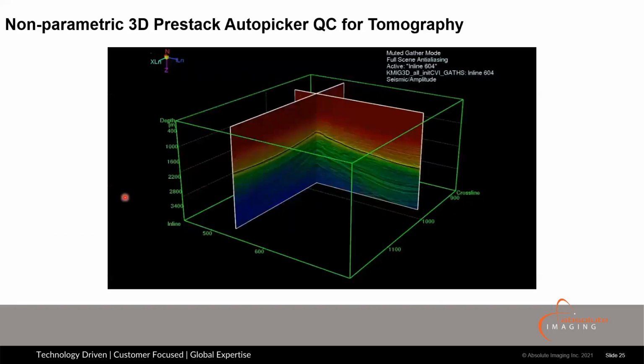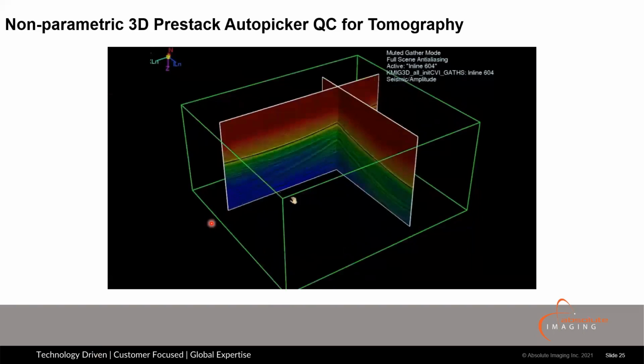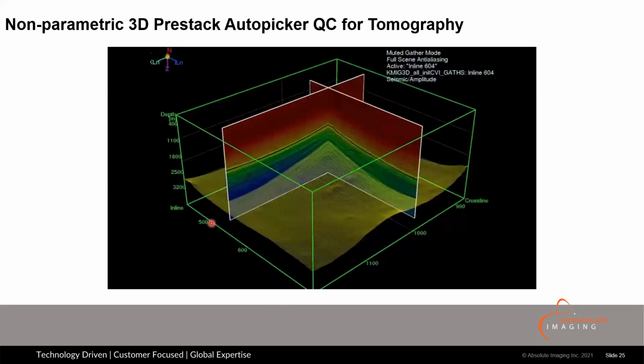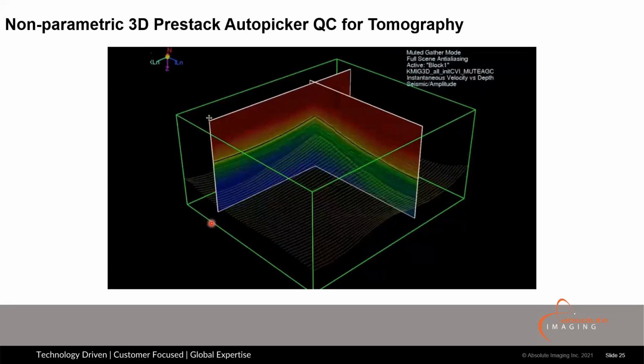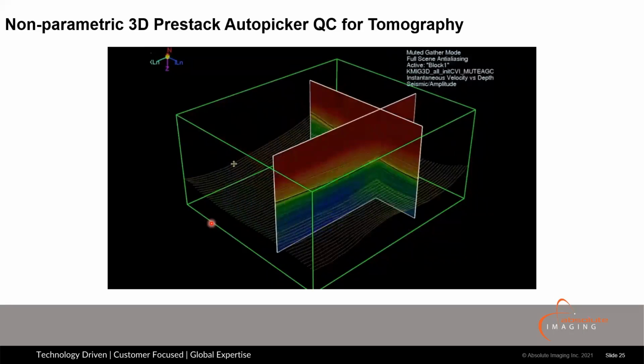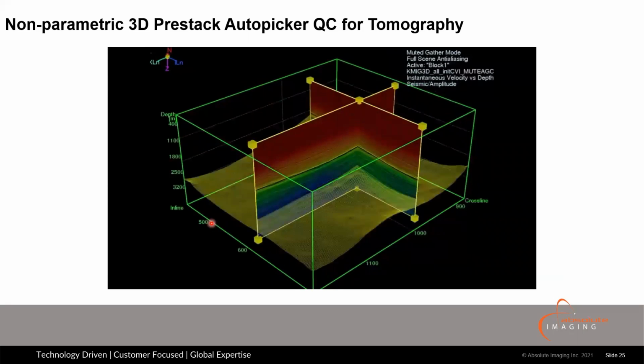Okay, so typically when we are doing this, we are looking at everything in a 3D sense, so we can look at all the attributes that we have and the velocities that were developed.